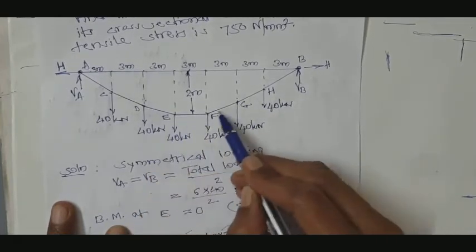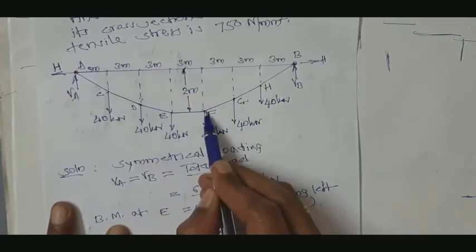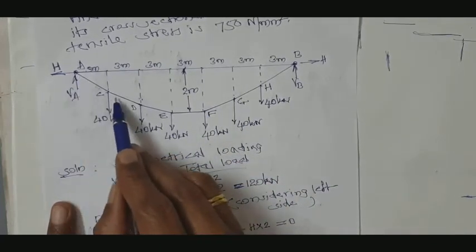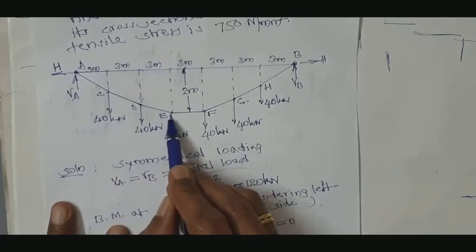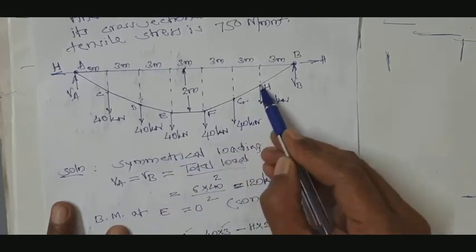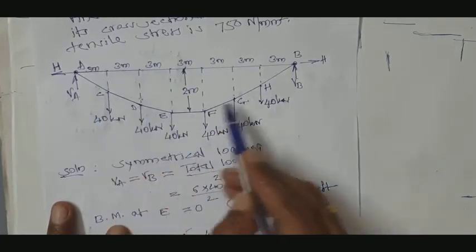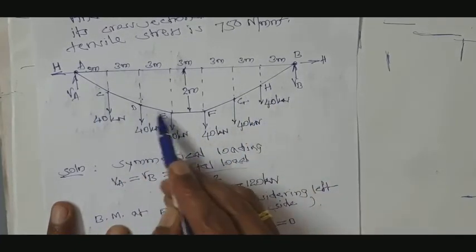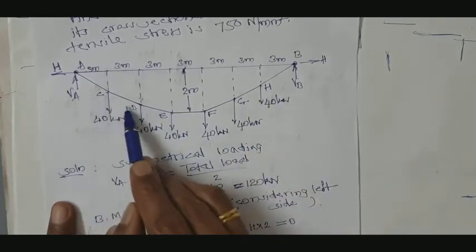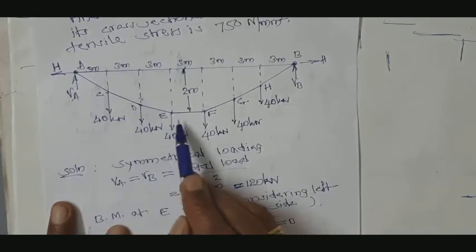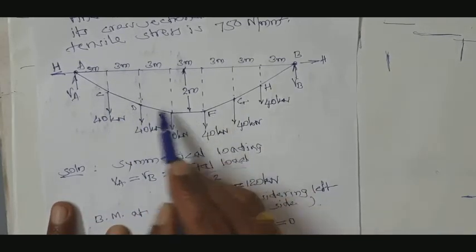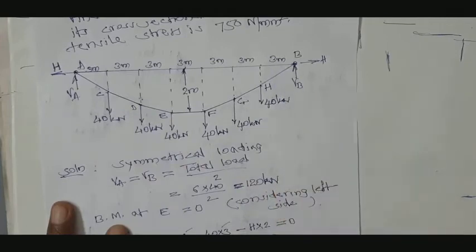Similarly, DE equals FG, and this is given. So if you calculate AC, CD, DE, you automatically get FG, GH, HB. That means AC plus CD plus DE, multiplied by 2, plus this 3 meter gives the total length of the cable.